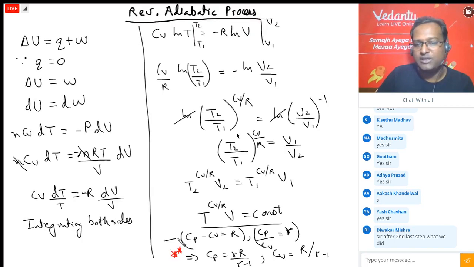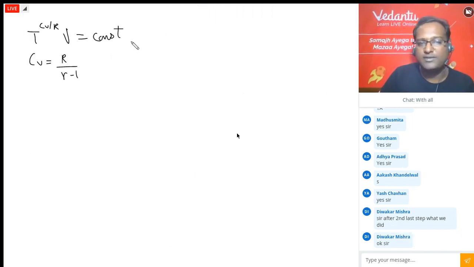I used equation 1 and equation 2 to calculate Cp and Cv in terms of gamma, two equations with two unknowns. So this was our equation. This was the value of Cv. Now I'm plugging it into the first equation. So what do we get? We will get T to the power 1 by gamma minus 1 into V is a constant. Are you with me?